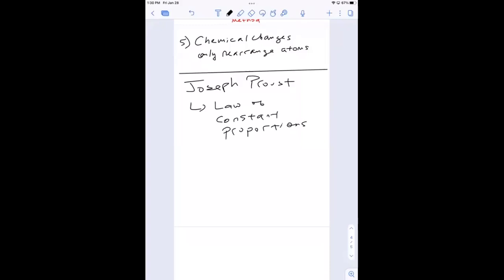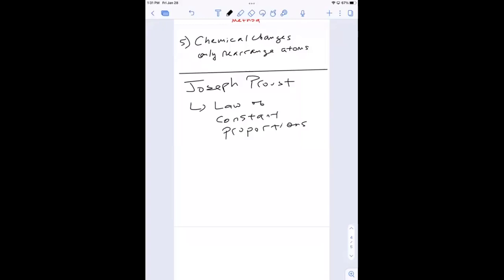So the proportions of the atoms that make up that compound are going to be present in the same proportion, regardless of the source or origin of the compound. They'll be present in the same proportion by mass.